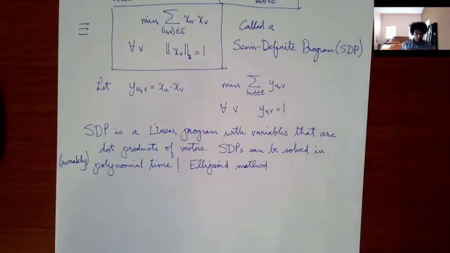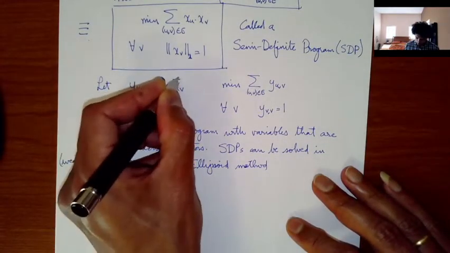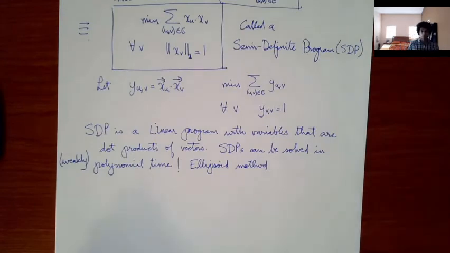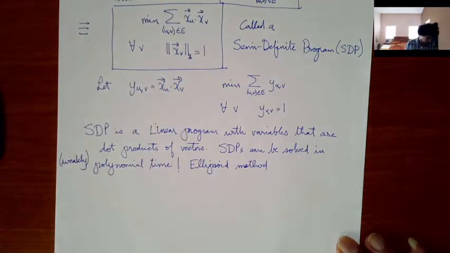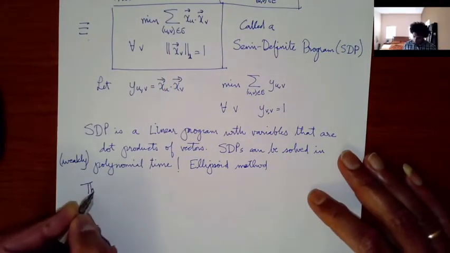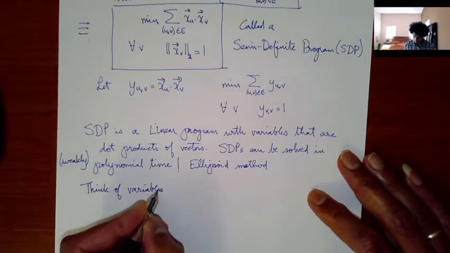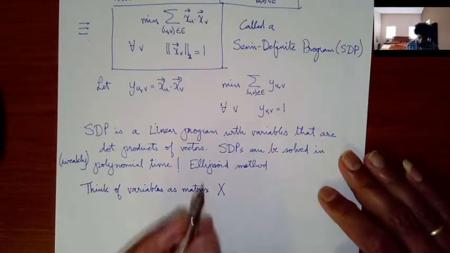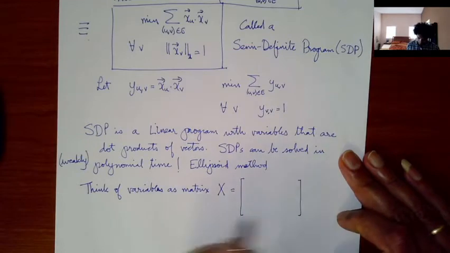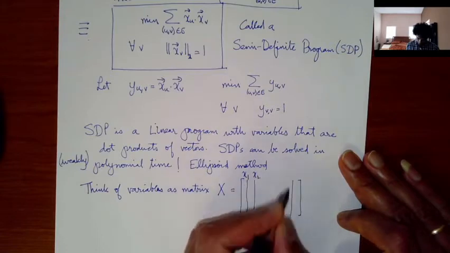So remember, it's useful to think of two kinds of variables. There's the x variables, where the x's are vectors. I'm going to put vectors on top of those so that we can see them explicitly. So let's think of the variables as a matrix capital X, going from x1 to xn.